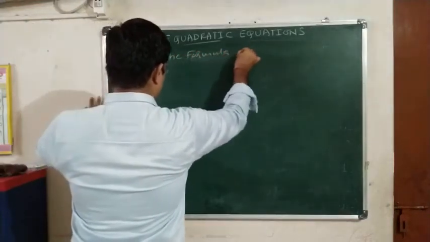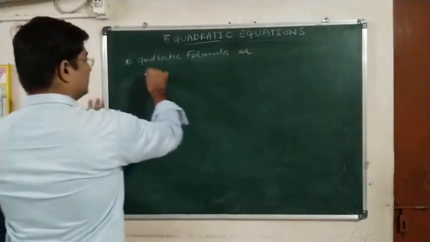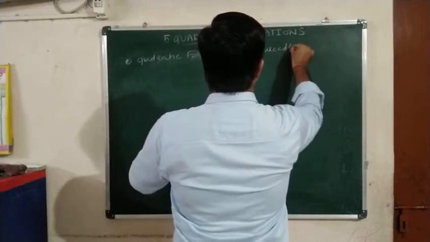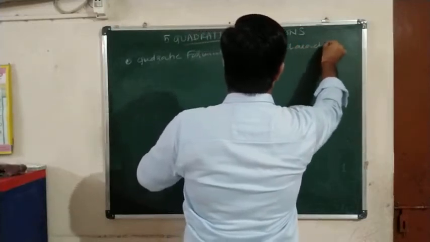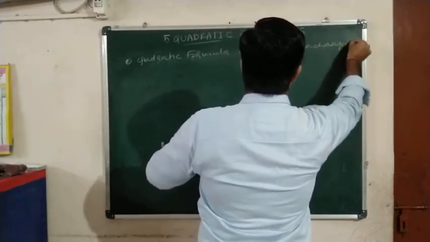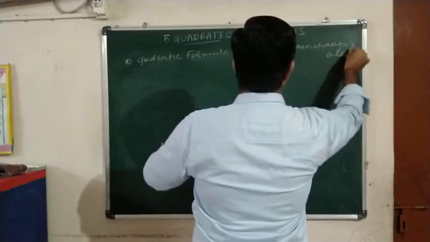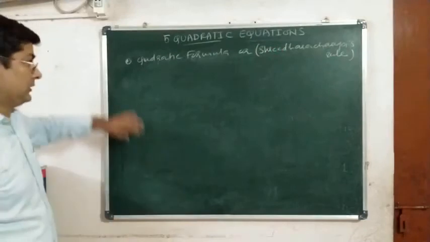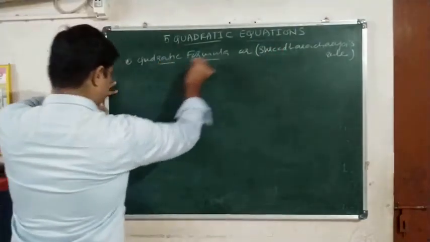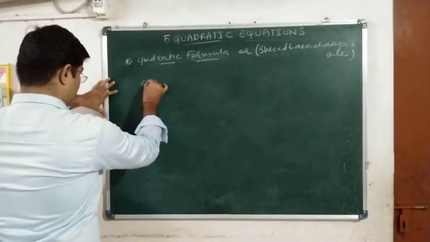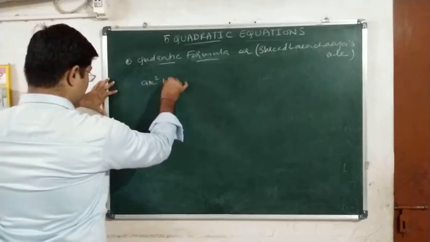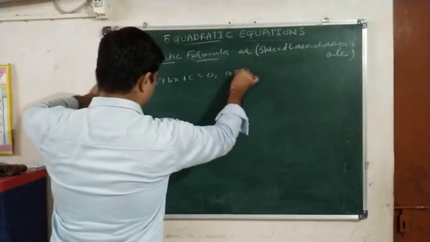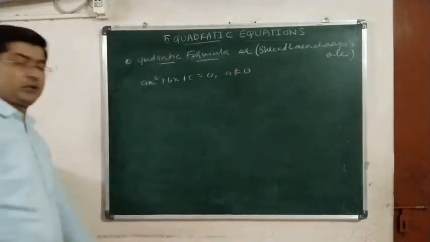Quadratic formula, or Sridharacharya's rule. Now we know that the standard form of a quadratic equation is ax² + bx + c = 0, where a is not equal to 0.